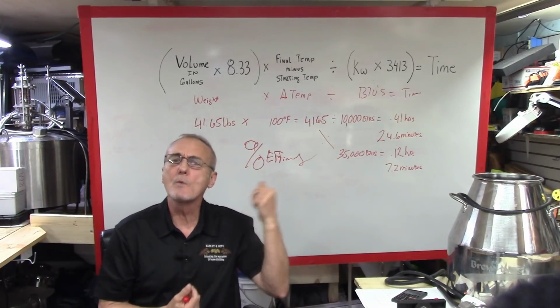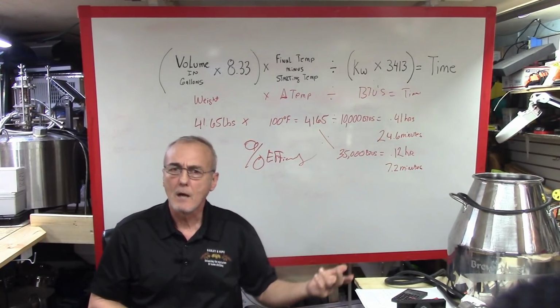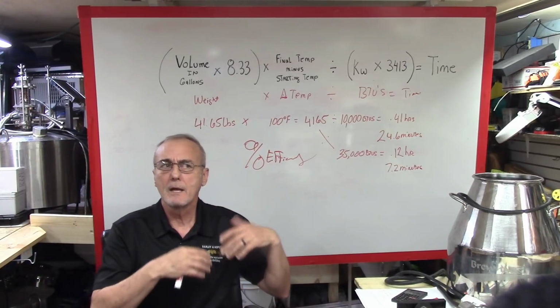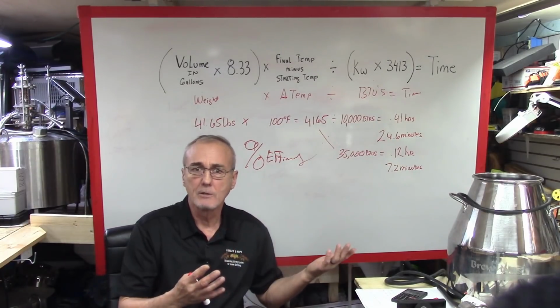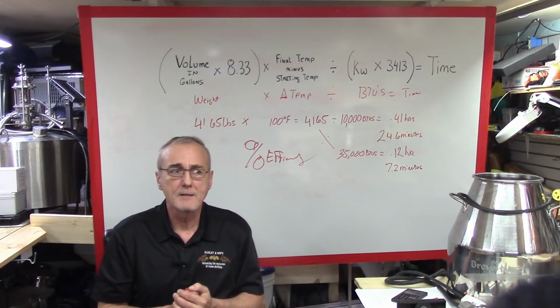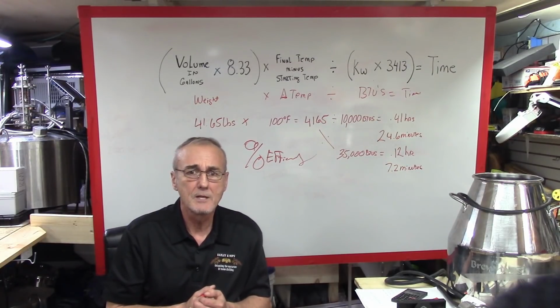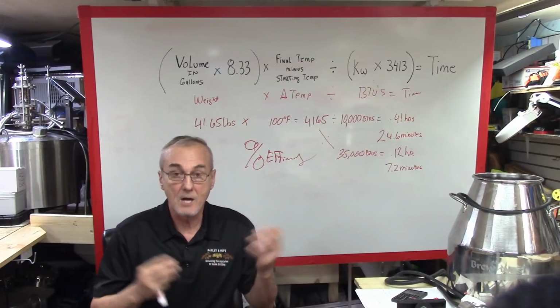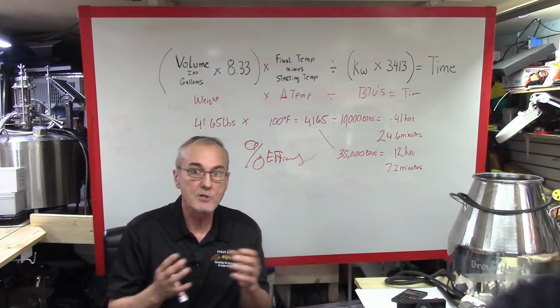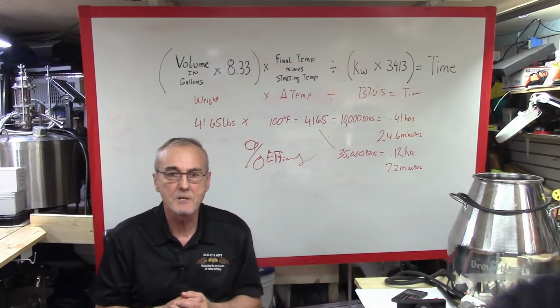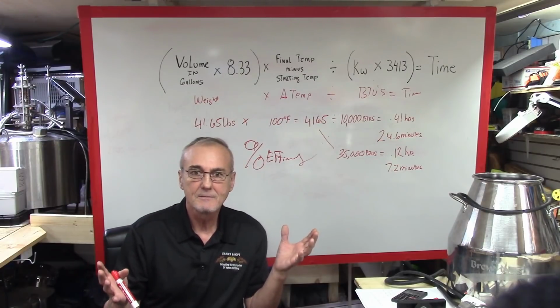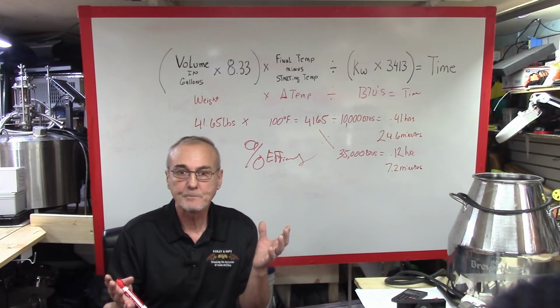Now, remember back when we mentioned that copper is a great thermal conductor. That's why a lot of times the worm is made out of copper, because copper conducts thermal energy so efficiently over stainless steel that it's an excellent condenser.